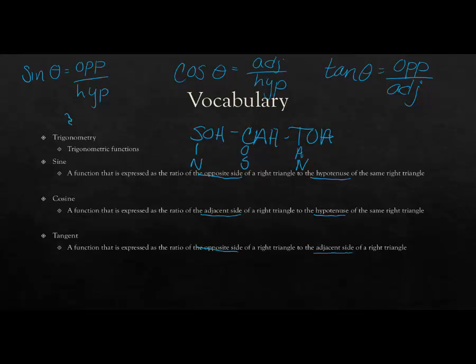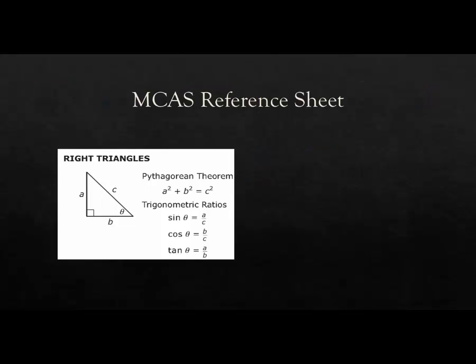Okay? So those are the things you're going to need to memorize, but for the MCAS, you don't have to memorize it. They give it to you on the reference sheet. So they pick their theta to be down at the bottom, and then they say the sine of theta is A over C. So side A over C, or opposite over the hypotenuse.